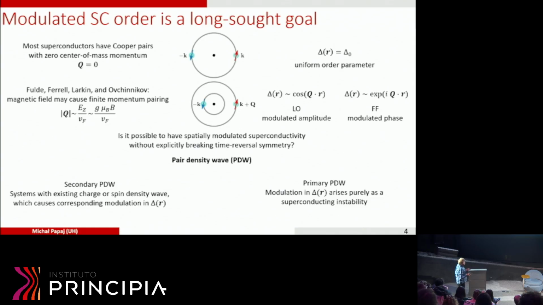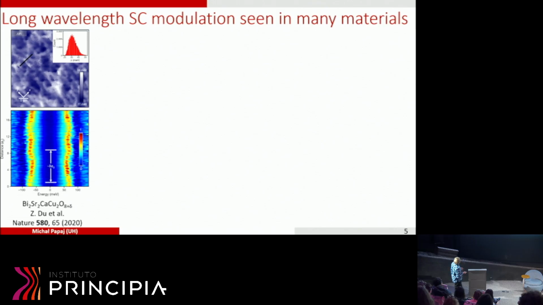But we are also very interested in finding materials in which this modulation in delta arises without anything happening previously in the normal state. So this is purely a superconducting instability. Such modulations were already observed in several different materials, in particular with long wavelengths, spanning multiple unit cells, like for example here in cuprates, where we have about 8 unit cells.